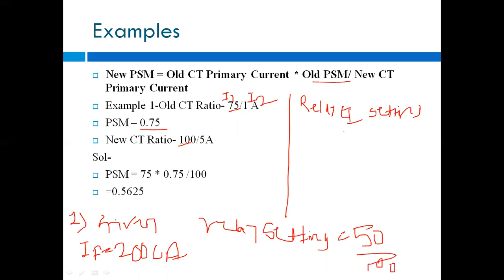It is equal to 50 divided by 100 into the CT secondary current, which is given as 5 ampere. So you can find the relay current setting here.